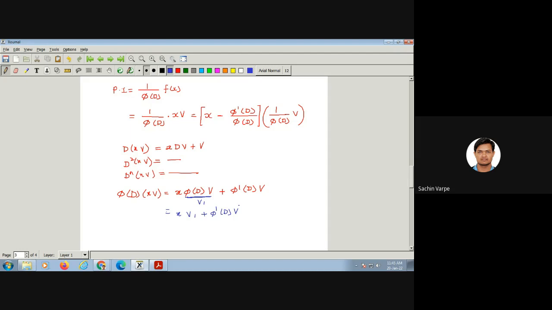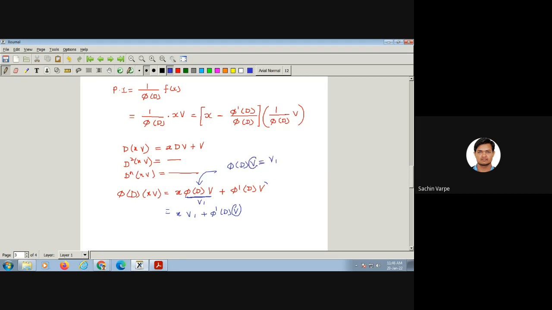Here we are putting phi of d into v equal to v1, right?